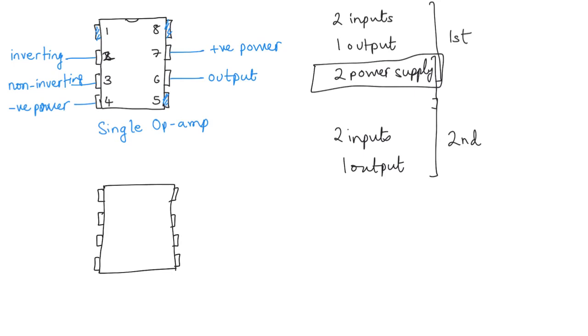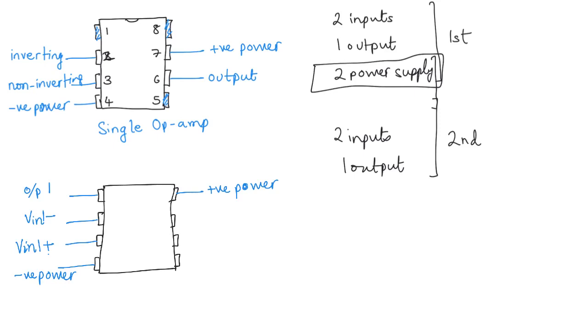So for example, in this package, you could have this connected to the positive power supply. This could be the negative power, and this could be the output of the first op amp. This could be the inverting input of the first op amp, and sometimes we write it as V in minus, and let me put 1 somewhere, so V in 1 minus, and this could be V in 1 plus, which is the non-inverting input.